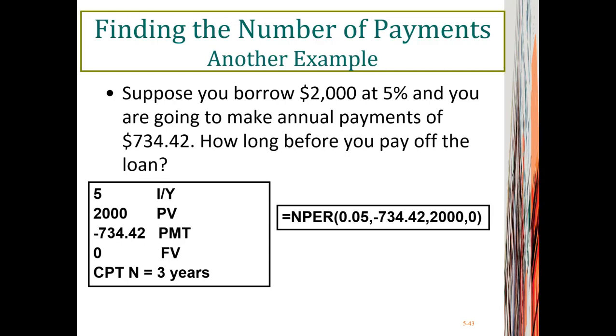Sometimes you may forget that negative sign, but I think it's okay because when you do CPT N, your calculator will show Error 5. Error 5 means you missed a negative sign. So here you need to be very clear about the direction of cash flow. Put a negative sign on PMT.